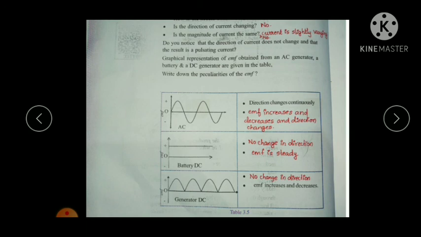The number of cycles per second is called frequency. After that we learned three graphical representations. This is important, okay? So this is of AC generator, and this is DC generator, and this is of battery.